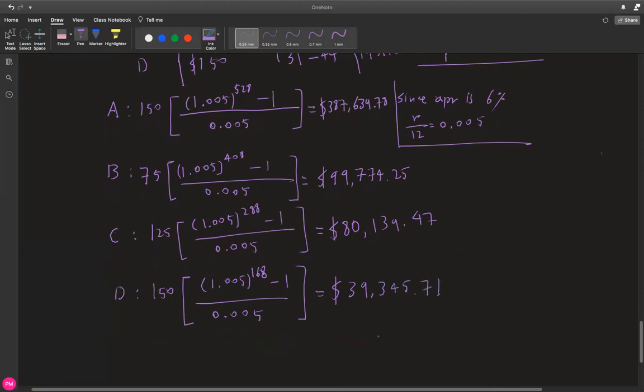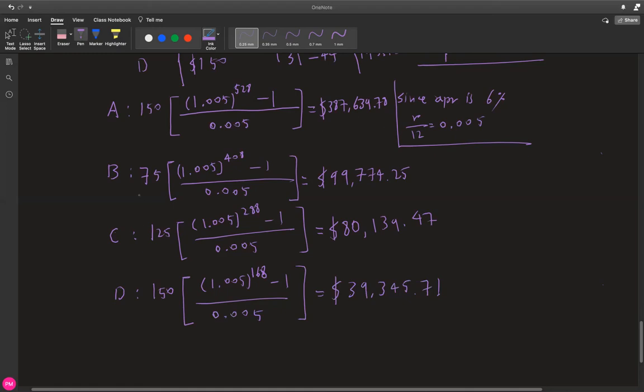this much. So what does this all mean? So this means that for plan A, where you're making $150 a month in contribution for 44 years, that plan alone will yield $387,000.